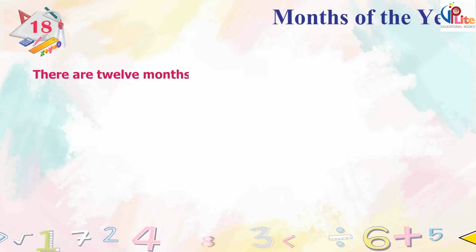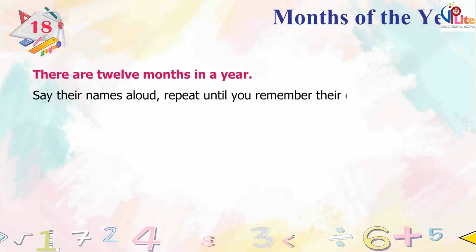Chapter 18. Months of the year. There are 12 months in a year. Say their names aloud. Repeat until you remember their order.